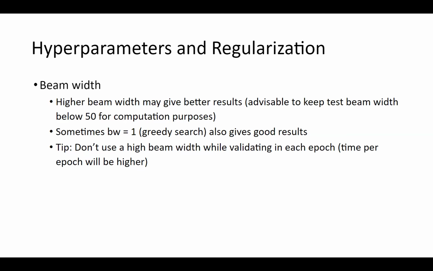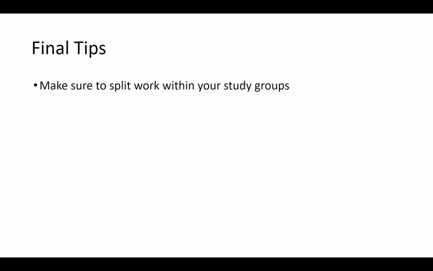You can also use a beam width of 1, which is a greedy search, and which also gives good results. However, during validation, using a large beam width is not advised, as it can lead to excess computation and wasted time. You can experiment with different values of beam as well.